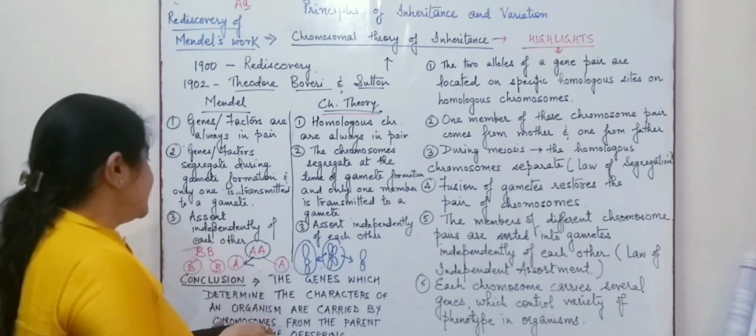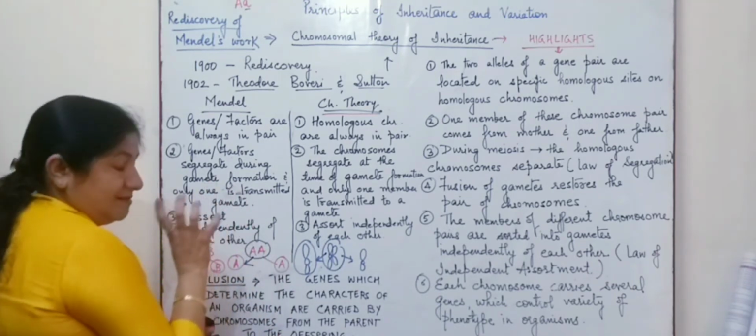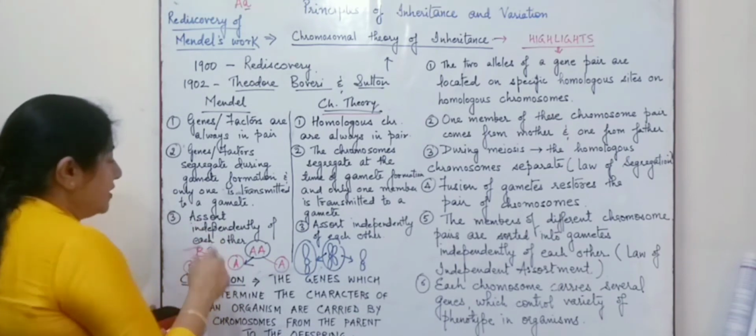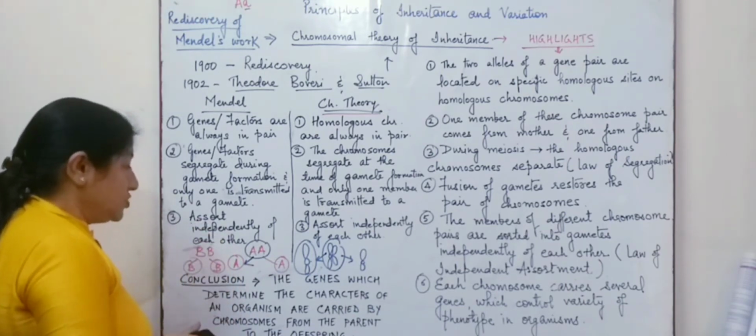The third point says that these alleles assort independently of each other.